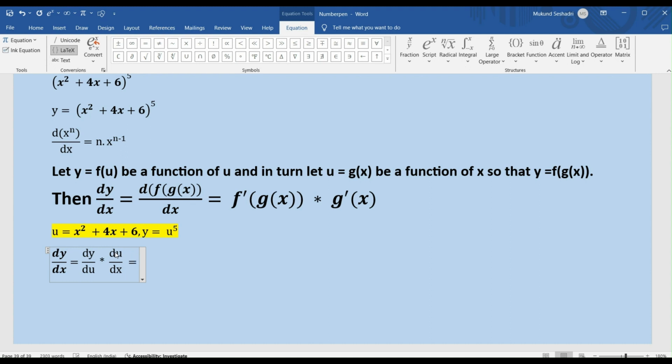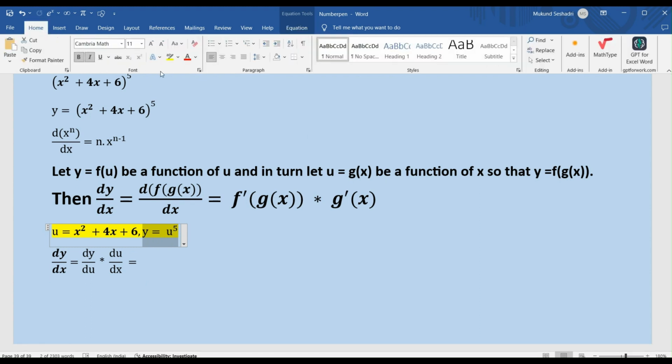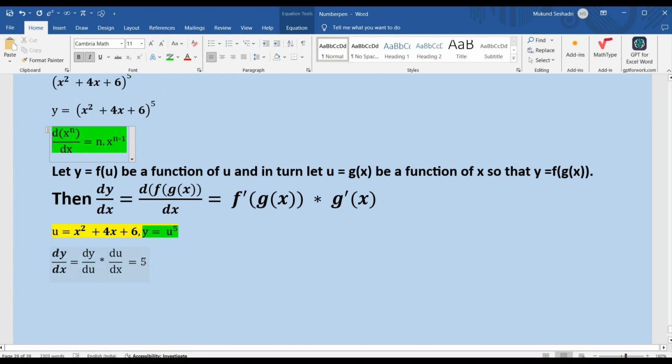So what is my dy by du? My dy by du is d by du of u to the power 5. I'm going to highlight this in green. We know what this is. Again, I go back to d by dx of x to the power n, and I'm going to apply the same formula here.